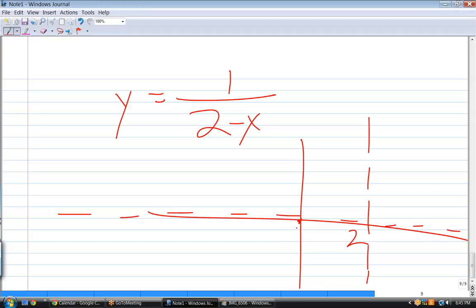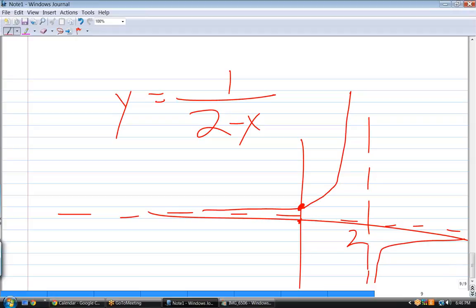So if I set x to 0, what's y? 1 over 2, which is right there. So that point is on my graph, and that tells me which quadrants I'm in. Second and fourth. Exactly. The only way I can draw this hyperbolic function is if I'm in second and fourth.